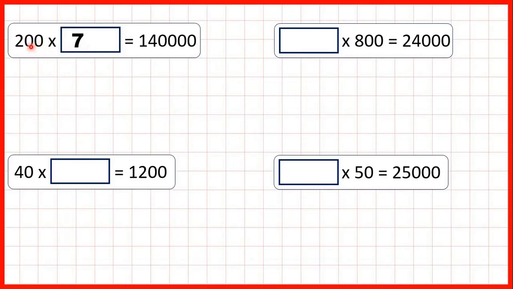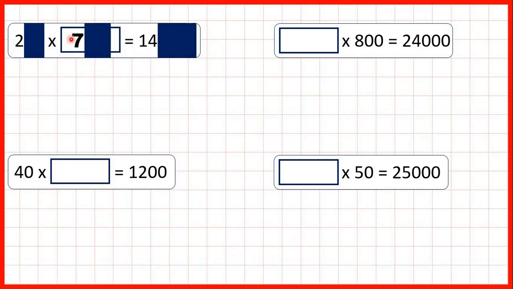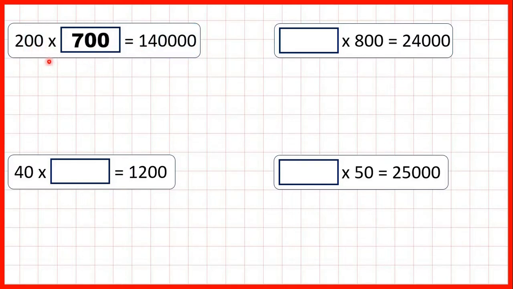We already have two end zeros here, so we need two more end zeros, so that we have 4 end zeros in both the question and the answer. So 200 times 700 is 140,000, because 2 times 7 is 14, and then we have 4 end zeros in the question, 2 here and 2 here, and that means we have 4 end zeros in the answer.